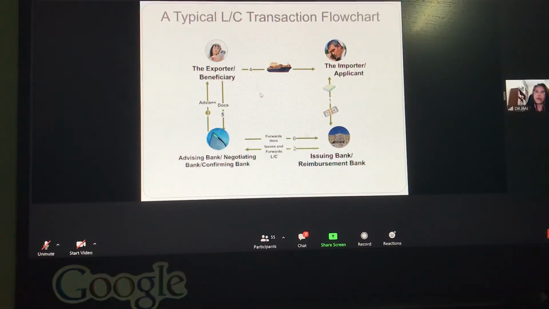Yes or no? All of you think about my question. Look at the slide, step number 6. After receiving the documents, the issuing bank checks the documents. The documents are CP. Do you think the transaction stops at step number 6? Possible or not?